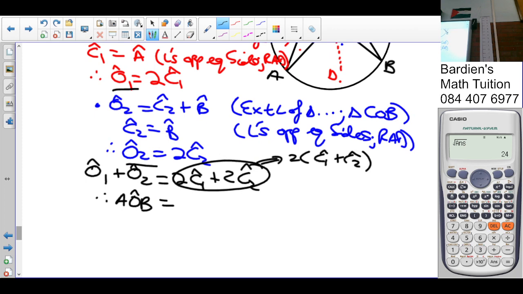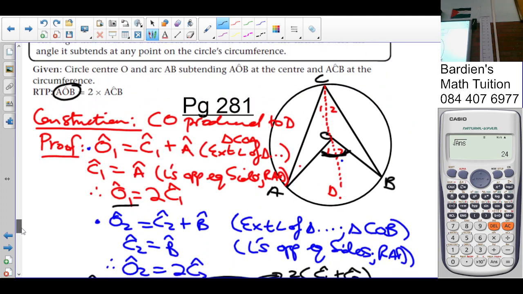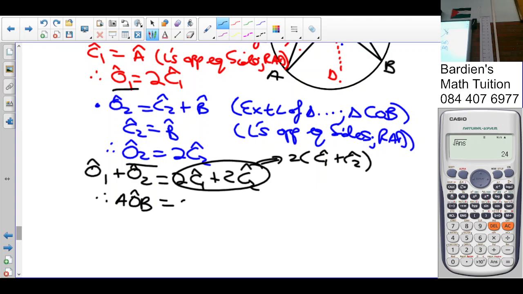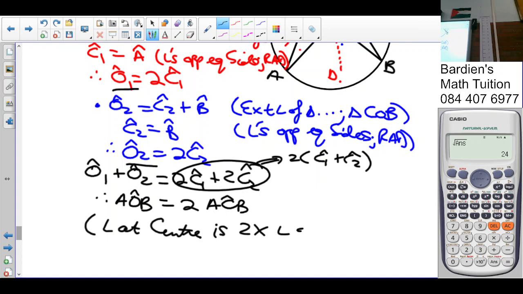But what do C1 and C2 make up? ACB. Can you see that? So that's twice angle ACB. If we use this theorem, you will say angle at center is 2 times the angle at circumference.